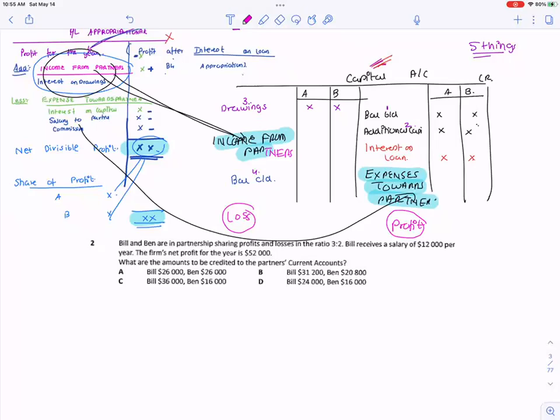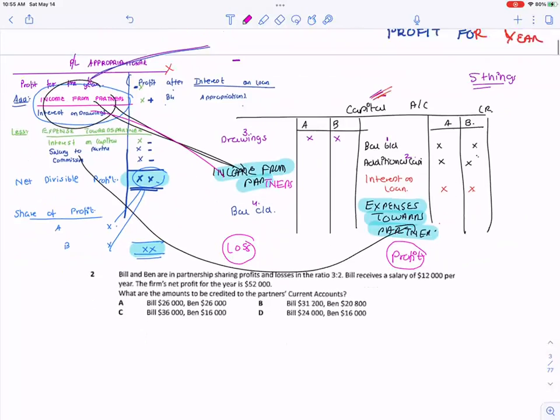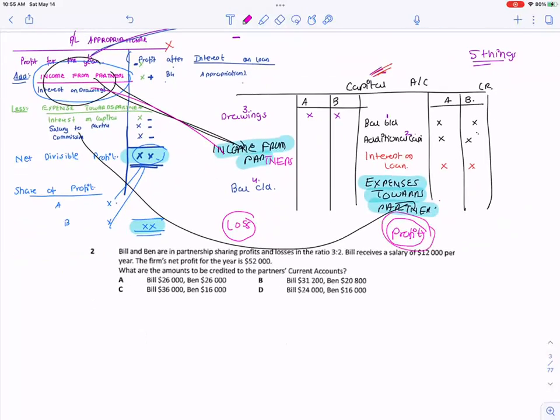The interest on drawings. What is the expense towards partners? The interest on capital, commission, and salary. Profit, which side will you write? Profit on credit side and loss on debit side.